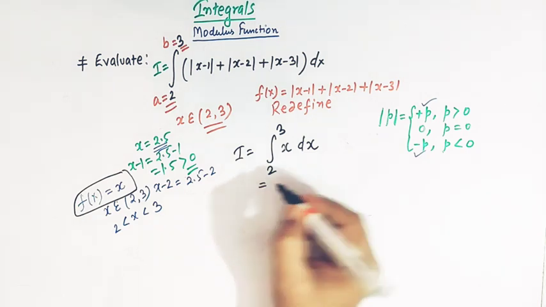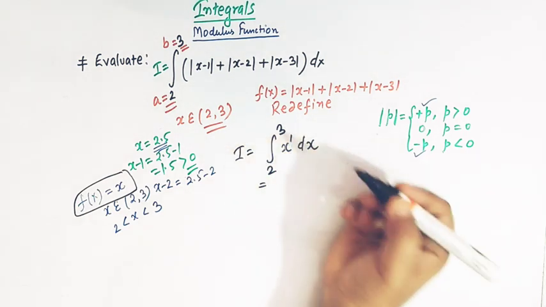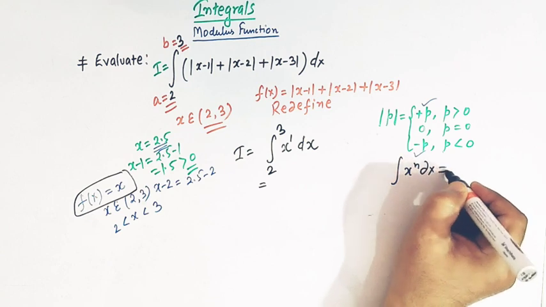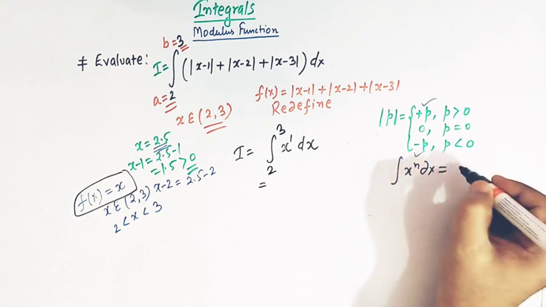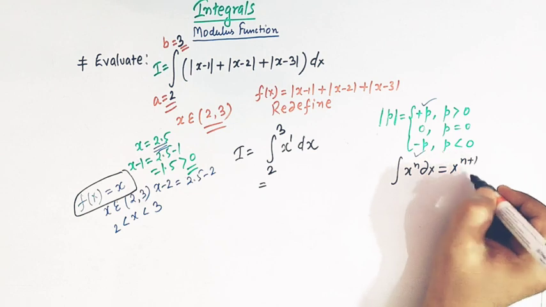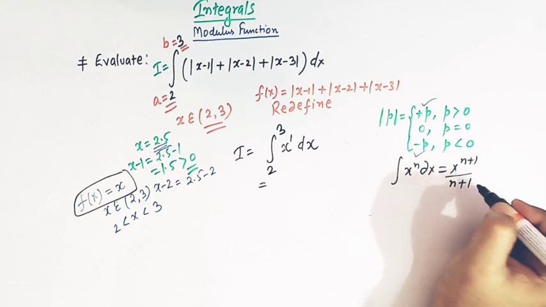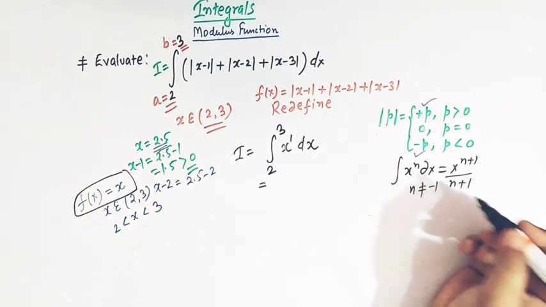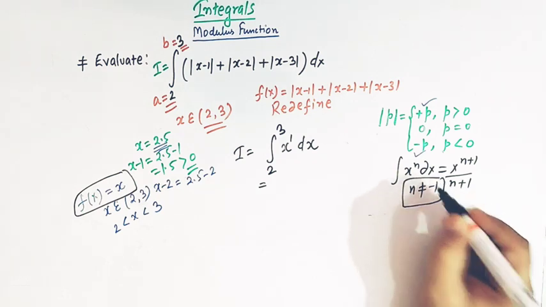So now this is a very simple integral. This is x raised to 1, and we can apply this rule, that is x raised to n. The integral of x raised to n is x raised to n plus 1 divided by n plus 1, provided n is not equal to minus 1, right? So this is an important thing here.